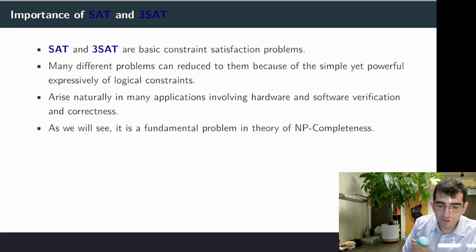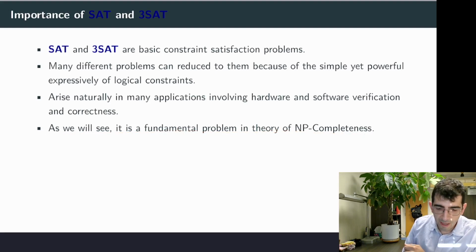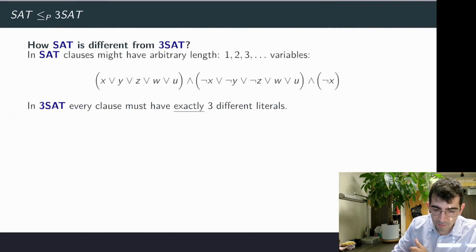It arises very naturally in a lot of hardware and software verification, and it is a fundamental problem in the theory of NP-completeness. But really, why this problem is important is because Cook-Levin made it important. We're going to get to that in just a moment.